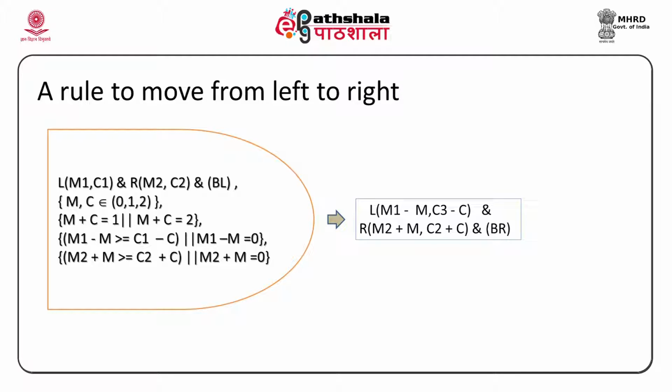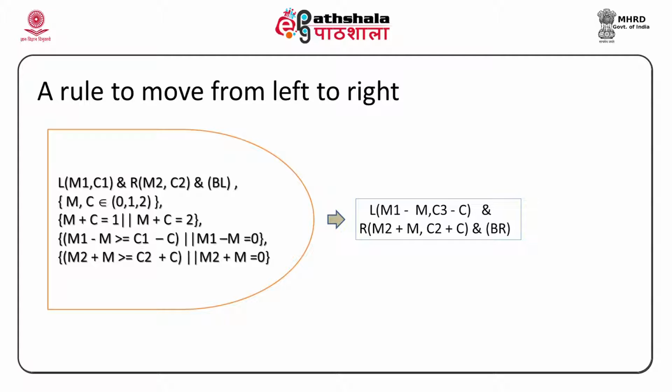And you can see after the arrow we have L M1 minus M, C1 minus C. What does it mean? It says that on the left hand side M1 minus some M value number of missionaries are there, and C1 minus C cannibals are there, and R M2 plus M. Remember the original number of missionaries on the right hand side were M2.